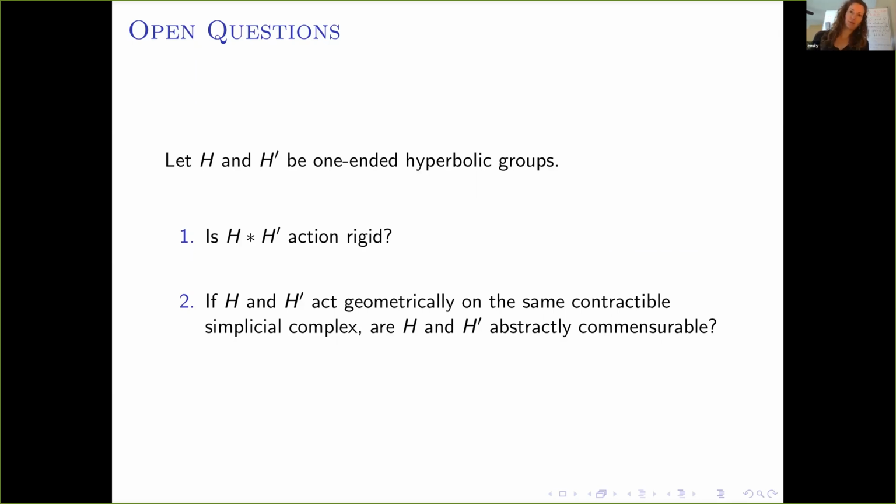So in our work, we know the answer if H and H prime are closed hyperbolic manifold groups, but it's very open in general. And to remark, you need the hyperbolicity assumption for both questions, or it's false without the hyperbolicity assumption because of the work of Berger and Moses, who found simple groups that act on the product of 2 trees.